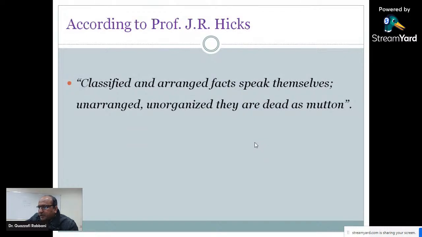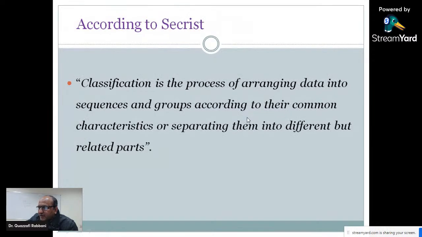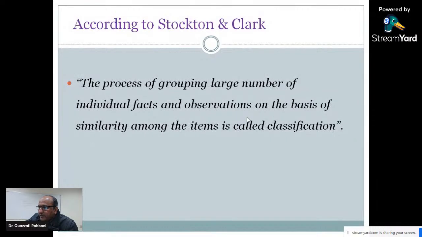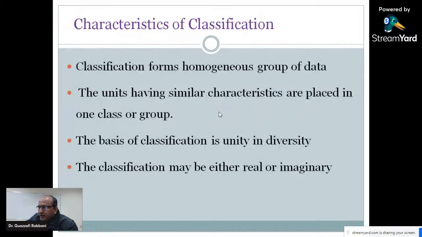According to J.R. Hicks, classified and arranged facts speak for themselves. Unarranged, unorganized, they are dead as mutton. So these are the definitions given by different authors.